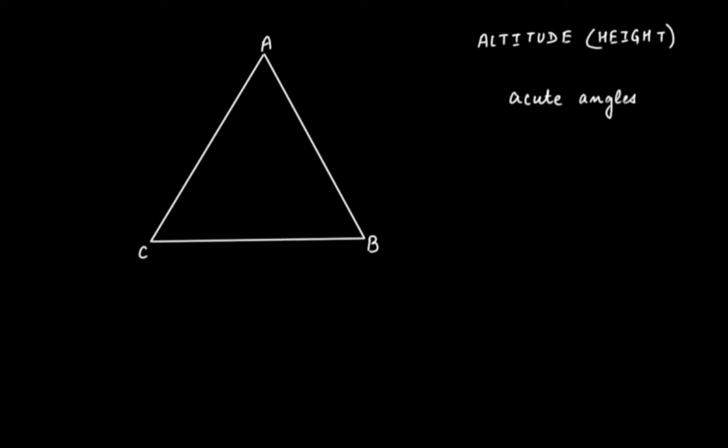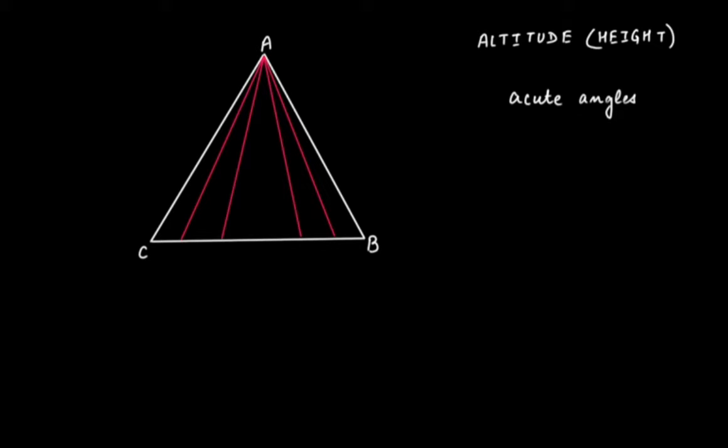So if you join this base or opposite side of this vertex, you can draw a number of lines, right? You can draw this line, you can draw this line, you can draw this line, and you can draw this line. Many lines, as many as you want.